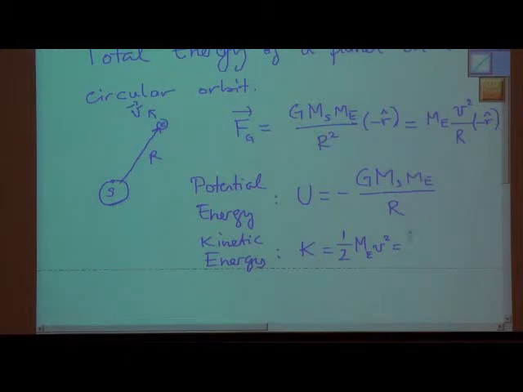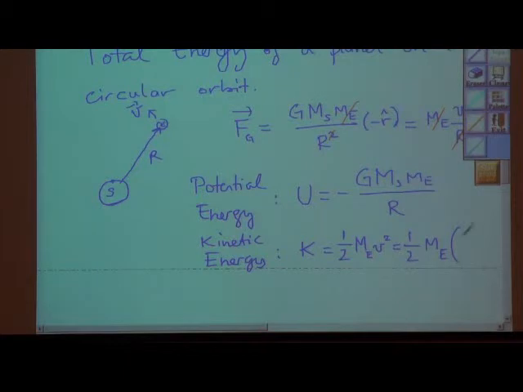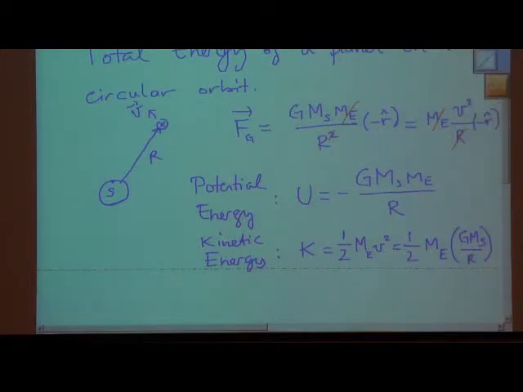So I can plug this in. From here, v squared, since M_E's will cancel, one R will go away, there is only v squared here, and here we have G M_S over R. It's v squared, so we don't have to take the square root.